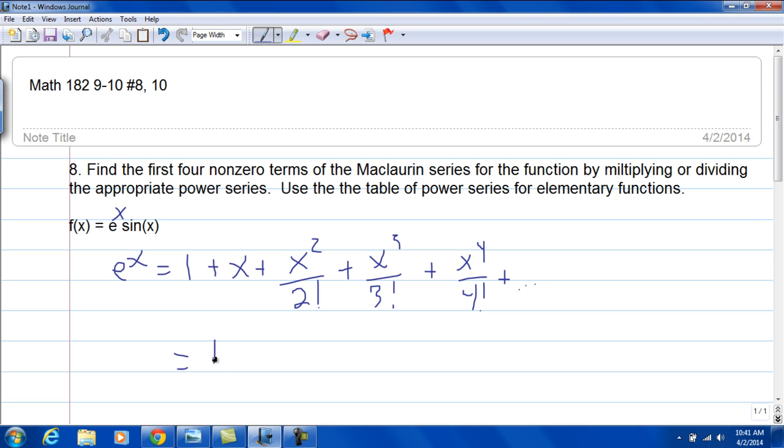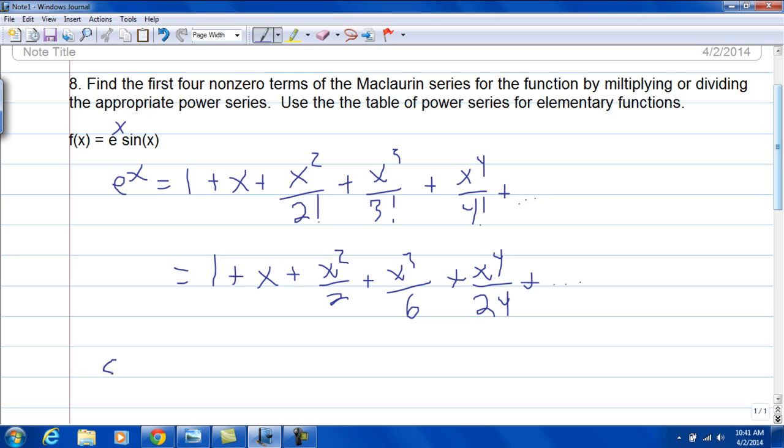Just to restate that, it's 1 plus x squared over 2 plus x cubed over 3 factorial, which is 3 times 2 times 1, so it's 6, plus x to the 4th over 4 factorial, which is 4 times 3 times 2 times 1, which is 24, plus dot dot dot.